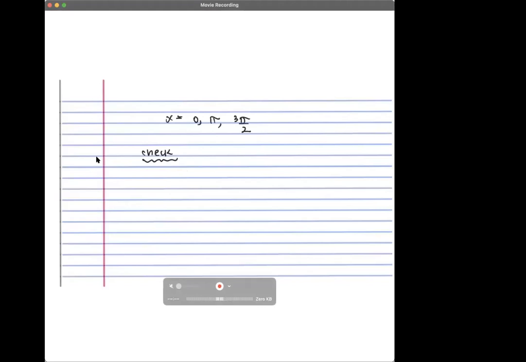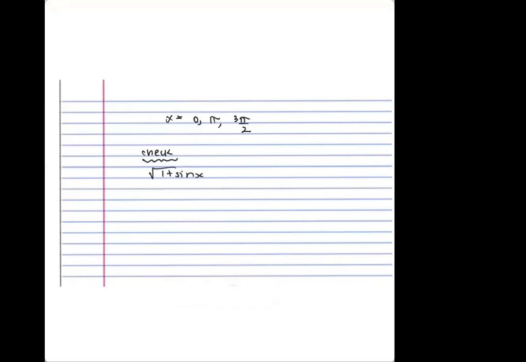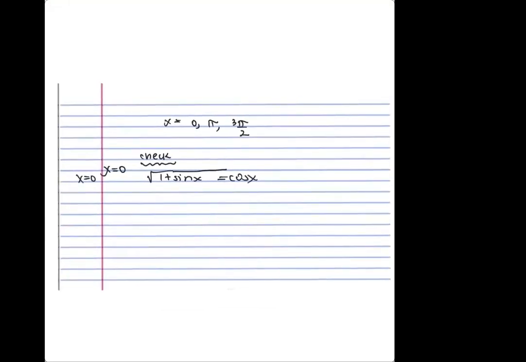So the original equation was square root of 1 plus sine x equal to cosine x. And you've got to check each one. You got to check x equal to 0. Matter of fact, let's write it over here. Oh, I thought that was the eraser. Seriously, dude?